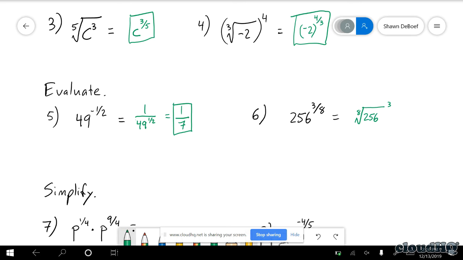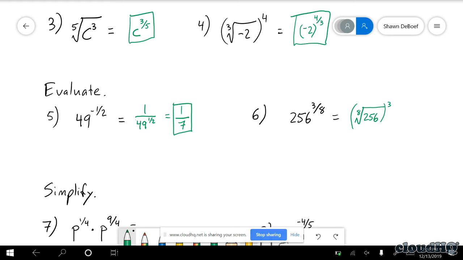And I would argue that it makes a lot more sense to put it outside. The reason being, I don't want to take 256 to the 3rd power. That would be really large. I'd rather do the 8th root of 256 and then worry about the cube later. So that's what I would do.